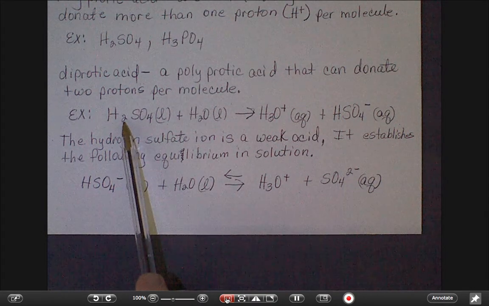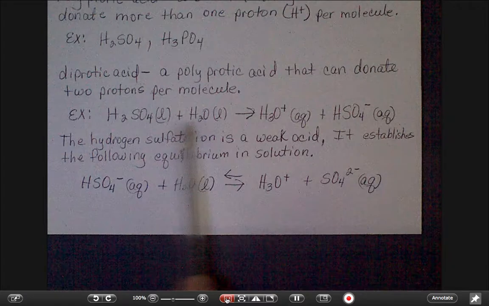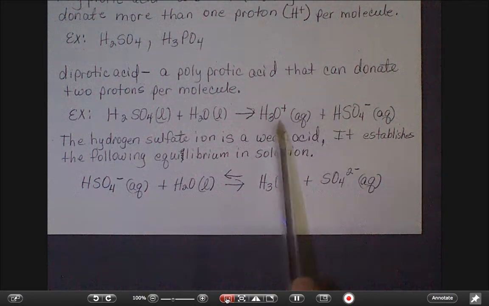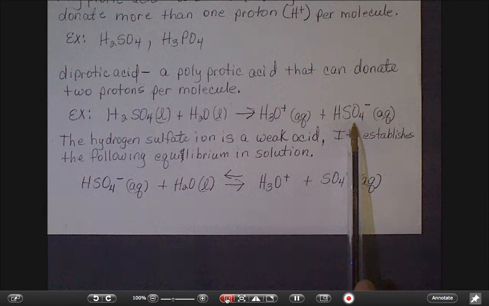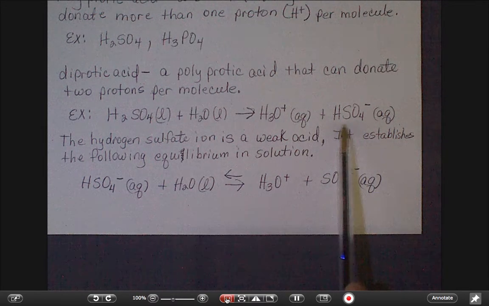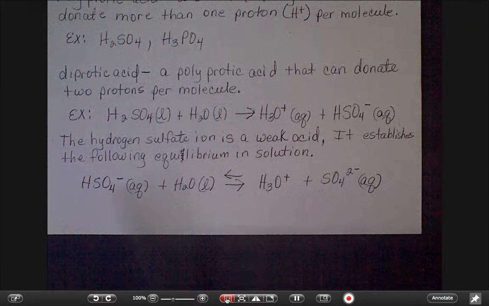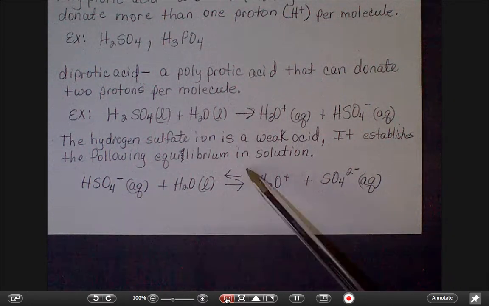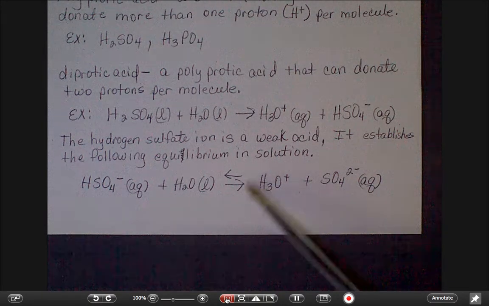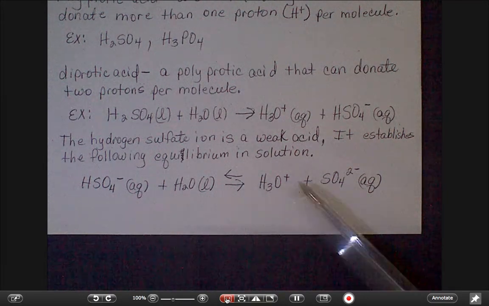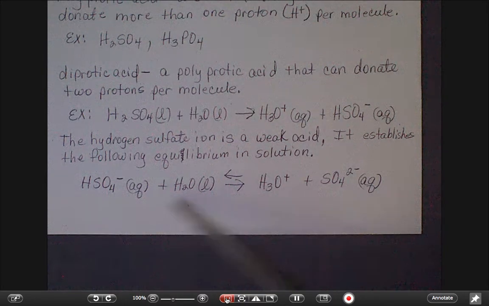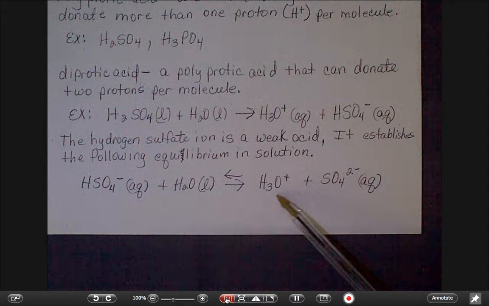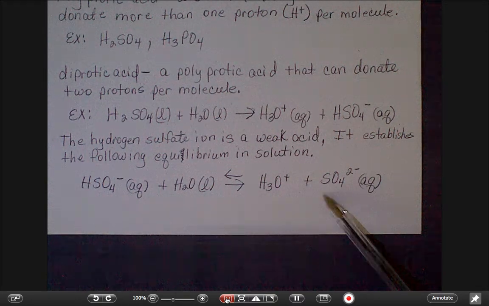You had 2 hydrogens up here in H2SO4. This reaction shows you losing only 1 hydrogen, leaving HSO4, hydrogen sulfate. Now the HSO4 minus sets up an equilibrium with a double arrow, which tells you it can go back and forth, producing the H3O plus and the SO4 2 minus.